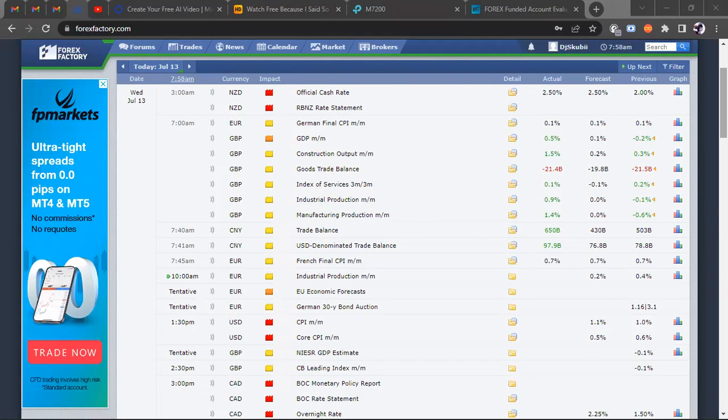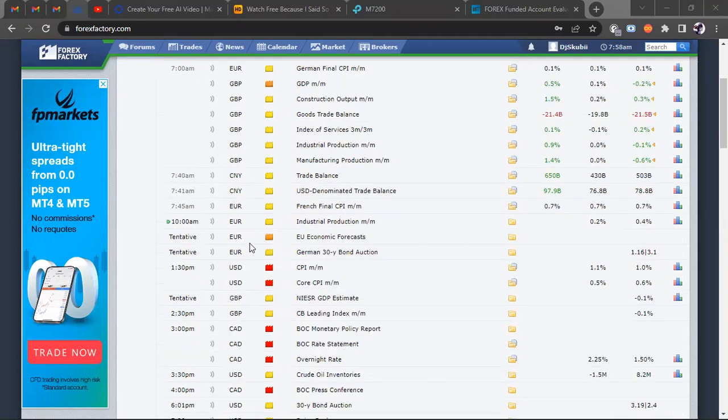Let's get started with the fundamentals we have today. We already had high impact news on NZD around 3 a.m. We have mid impacts, but that's tentative. Then we have 130 CPI. I always tell you guys CPI is very important because it's one of the indicators of inflation.